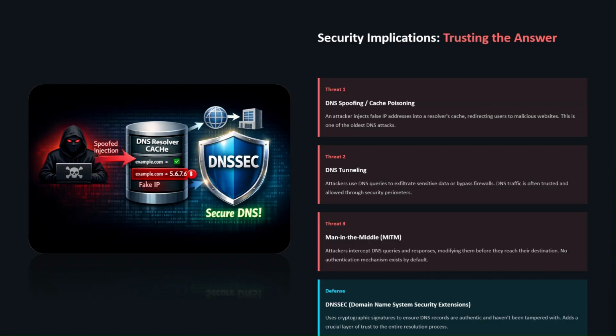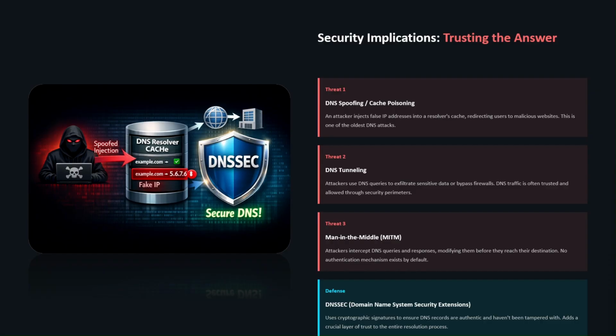Because DNS is so fundamental, it's a prime target for attackers. Two major threats exploit the trust inherent in the system. First, DNS spoofing or cache poisoning, where an attacker injects false IP addresses into a resolver's cache, redirecting users to malicious sites. Second is DNS tunneling, a stealthy technique that uses DNS queries to exfiltrate data or bypass firewalls.